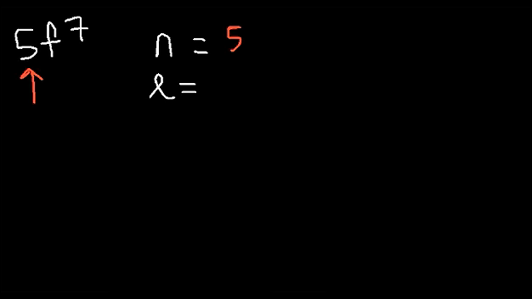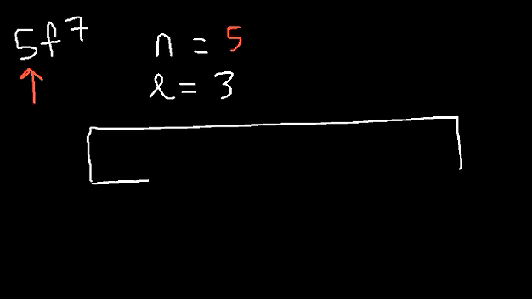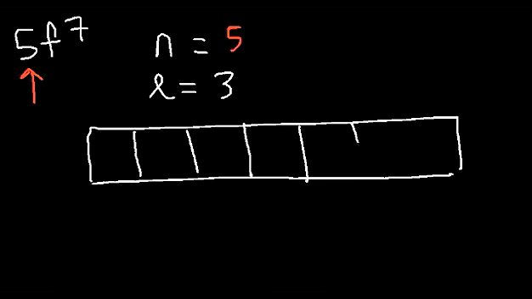Try this one. 5f7. Go ahead and find the 4 quantum numbers. We can see that N is equal to 5. And for the F sublevel, L has to be 3. It's 0 for S, 1 for P, 2 for D, 3 for F. Now the F sublevel has 7 orbitals: 1, 2, 3, 4, 5, 6, and 7.